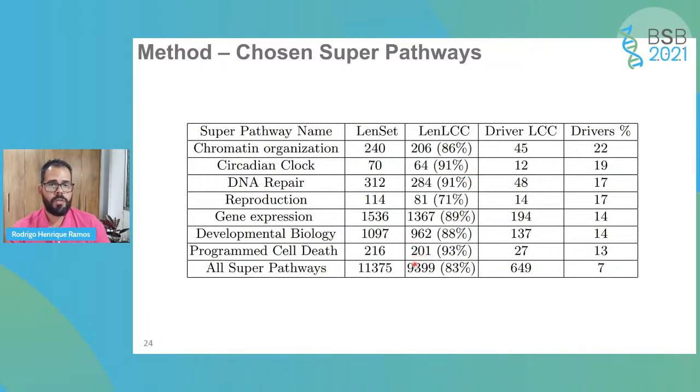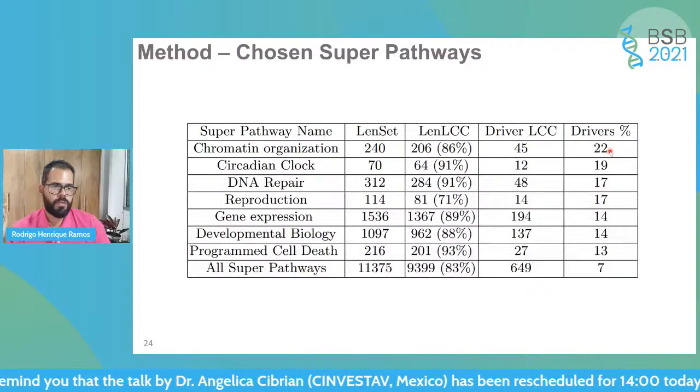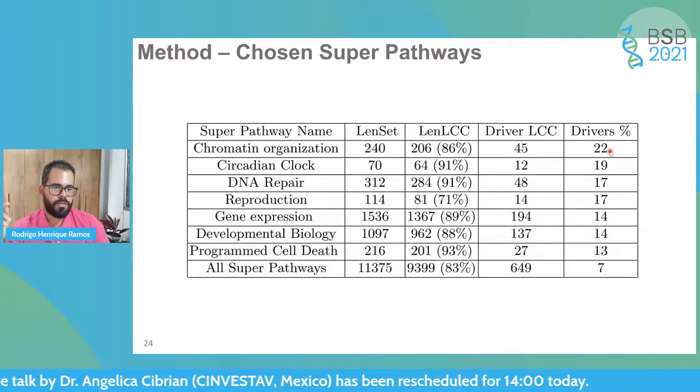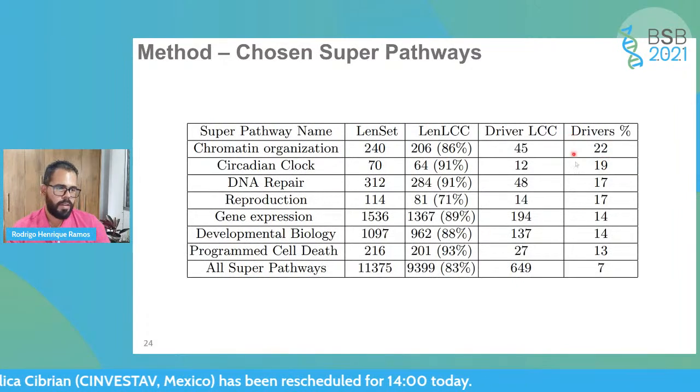From these 201, 27 of them are drivers, which represents 13%. So we did this for all the superpathways and selected the 7 most associated.